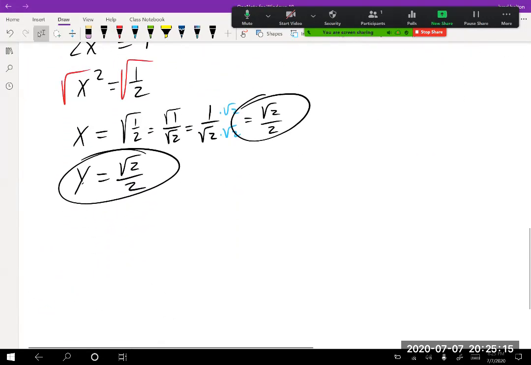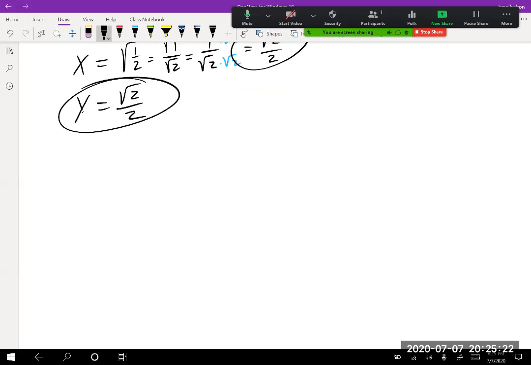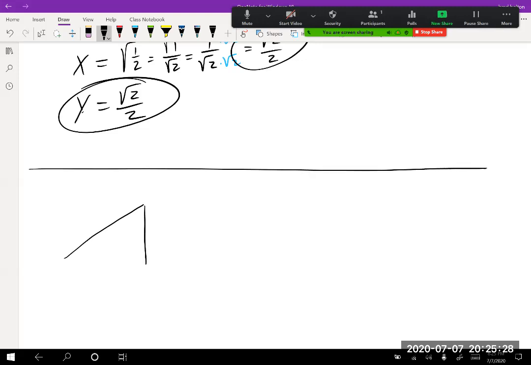We could do something similar with 60 degrees. So let's say that we had 60 degrees. It kind of still looks like 45, huh? Let's do 60 degrees. You know what? I'll do it inside the unit circle.